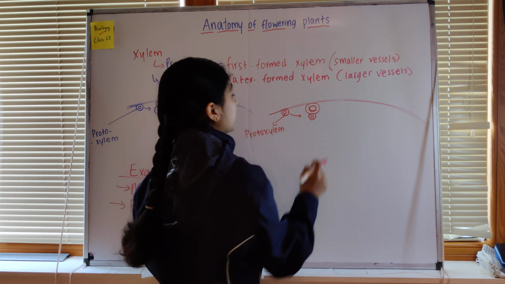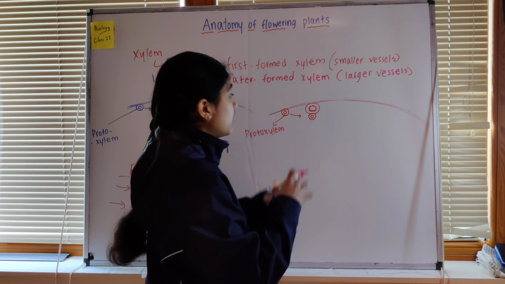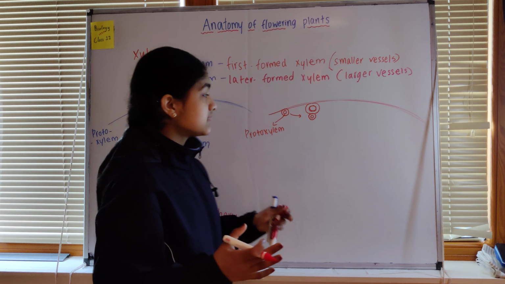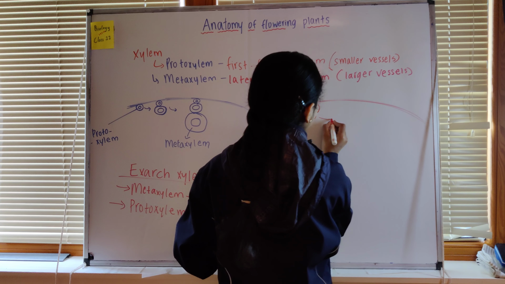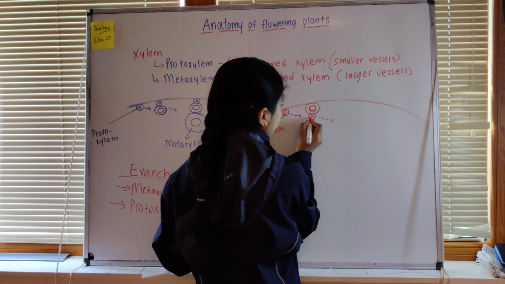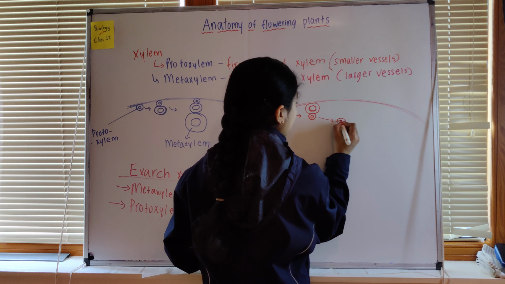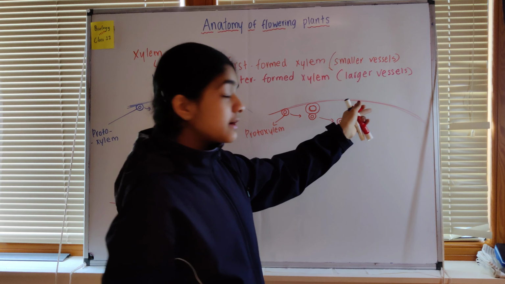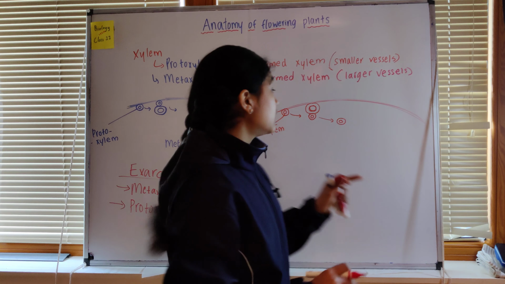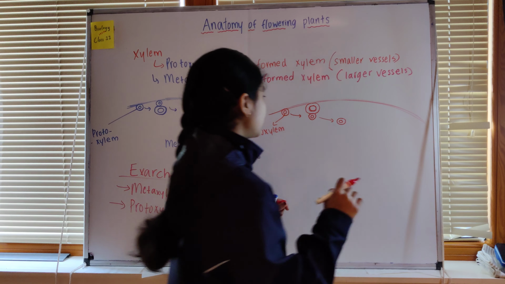These meristematic cells are going to push the protoxylem downwards, and they form another vessel which is larger in size than the protoxylem. So again, next time, this is going to change its position downwards, because the meristematic cells are pushing the protoxylem downwards towards the pith.